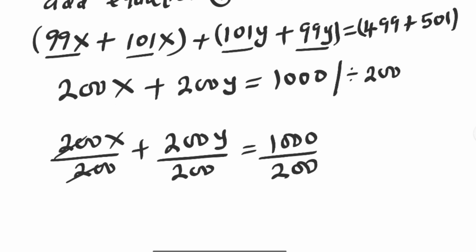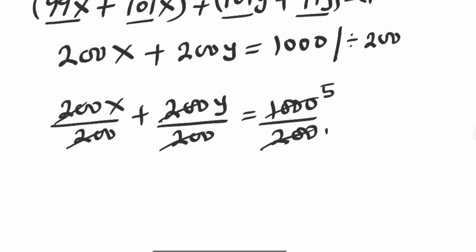This cancels this. 200 here 1, 200 here 1, 200 here 1, 200 here 5. Thus the equation becomes x plus y is equal to 5. Let us call this equation 3.